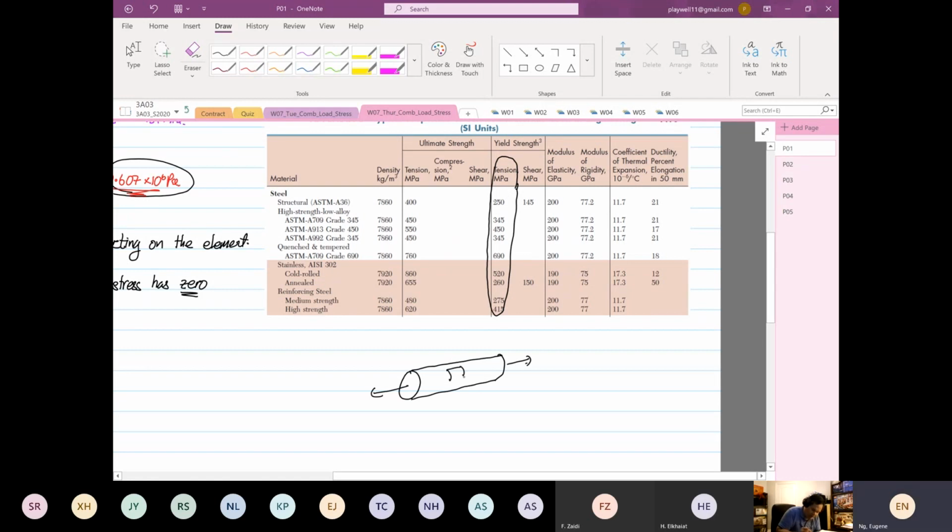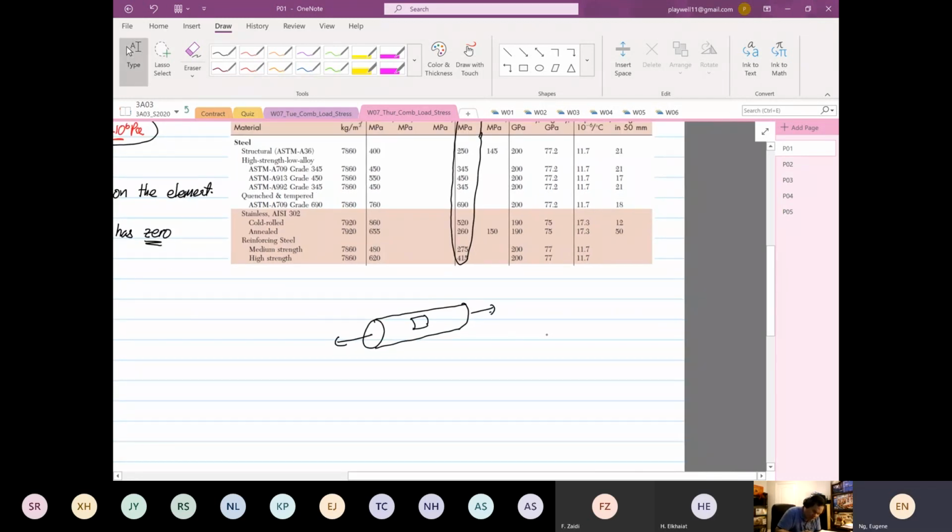If I draw this, with this as my X and this as my Y, the element is loaded in this direction in stress X only. I want to put this aside first, to see experimentally what we get.